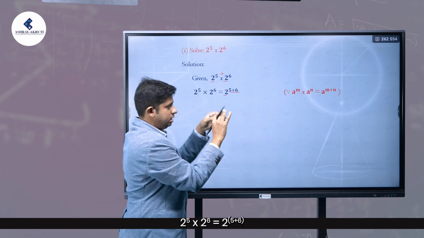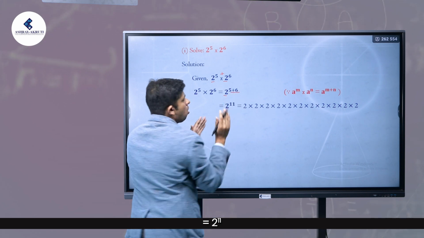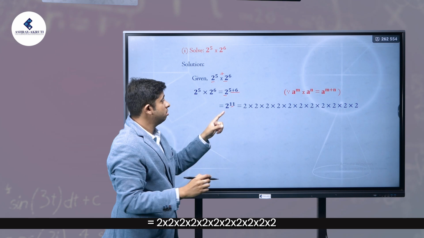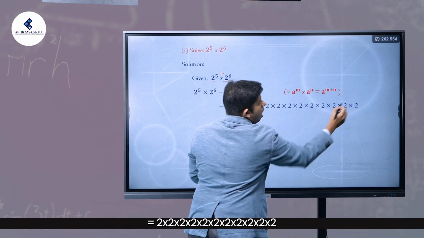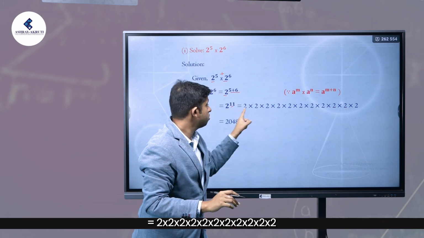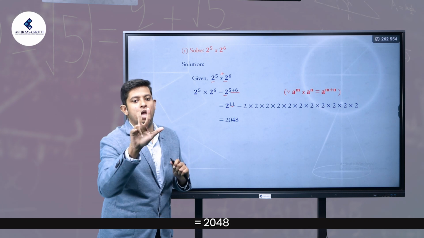So 2 to the power of 5 into 2 to the power of 6 is equal to 2 to the power of 5 plus 6, which is 2 to the power of 11, equal to 2048.